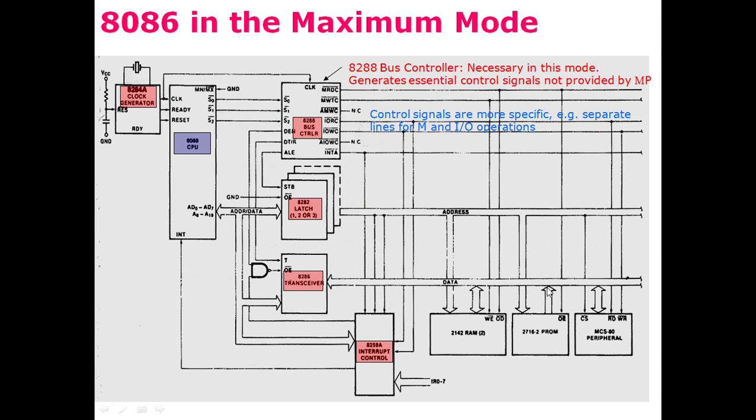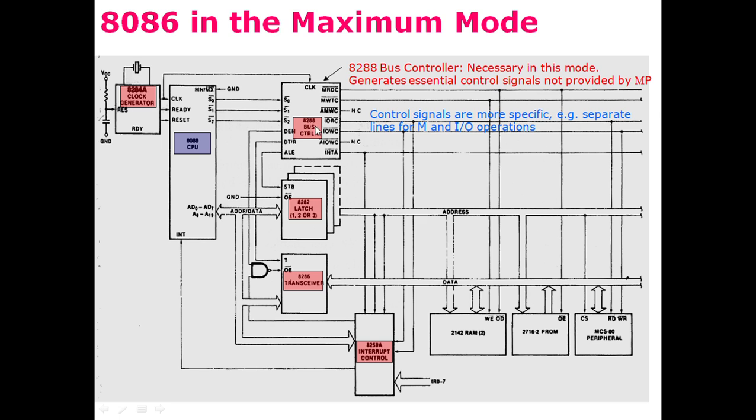If the 8086 is working in the maximum mode, then the interface with the external world would look like this. It is connected with the clock generator, and there is a bus controller called the 8288 bus controller. This bus controller is responsible for generating some of the control signals.